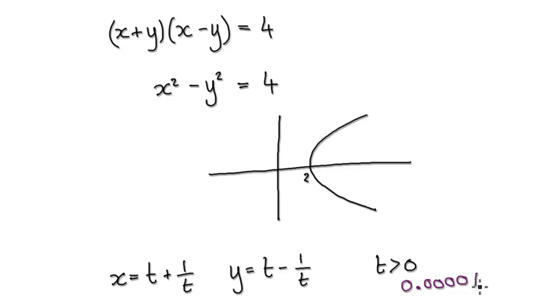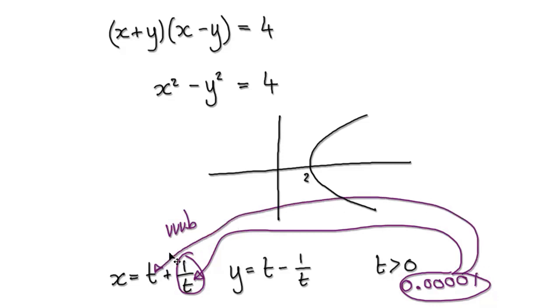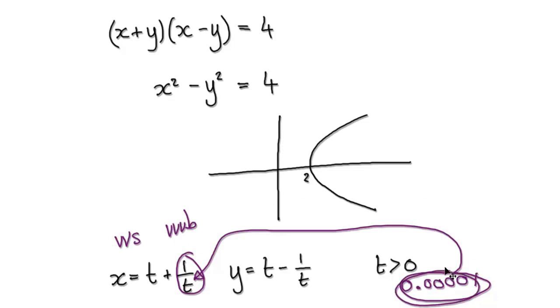Then this thing here would be very, very big, and this will be very, very small. Adding the two together, overall it would be very, very big.